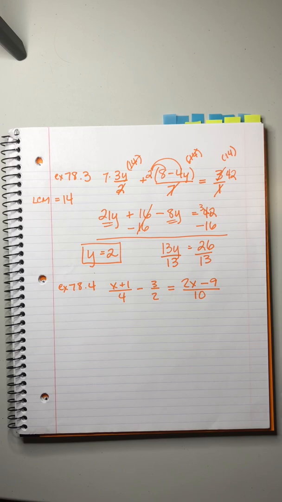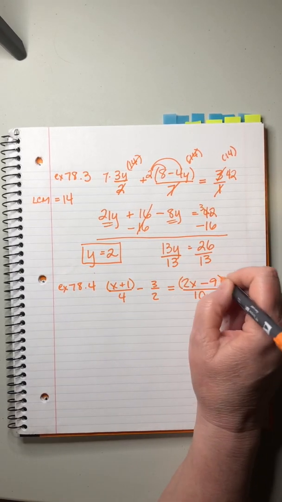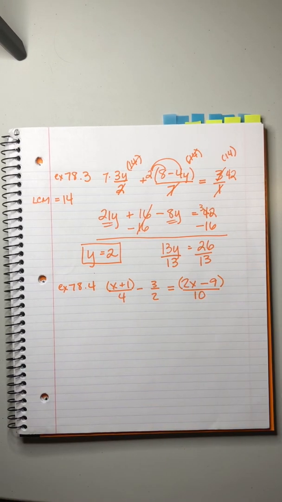And now that we're experienced simplifiers with binomials, I'm just going to put the parentheses on right now so I don't even have to worry about forgetting, because I know that's going to come.